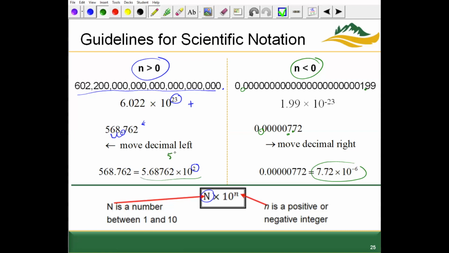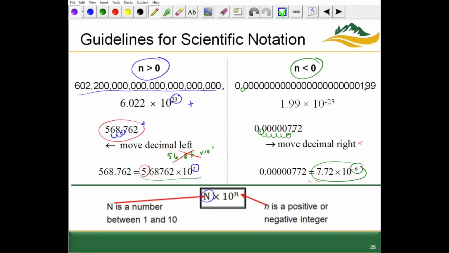If you saw something like 56.87 times 10 to the 1, that is not the correct form of scientific notation. Again, only have one value to the left of the decimal point. And again, for these values that are less than 0, we would move the decimal point over to the right to get to this point. And then however many times we move it, 1, 2, 3, 4, 5, 6, then we put 6 here. Because that value is less than 0 originally, that is a negative exponent, so -6.